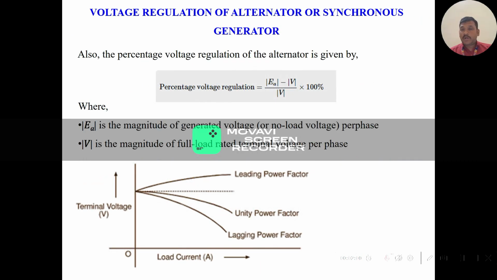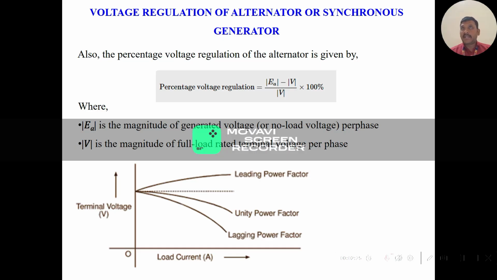And what causes these voltage fluctuations or variations at the alternator terminals? In the previous video, I covered armature reaction, and we know that there are three kinds of loads connected across the output terminals of the alternator.